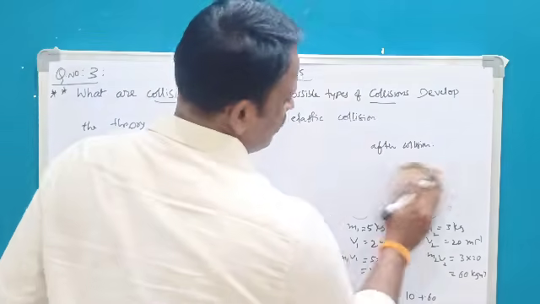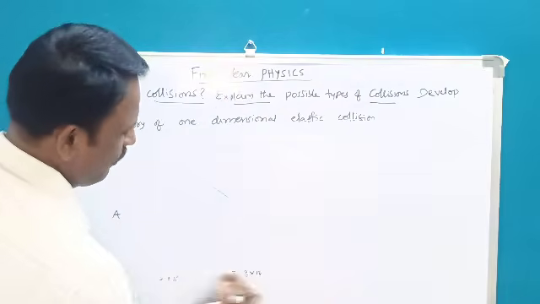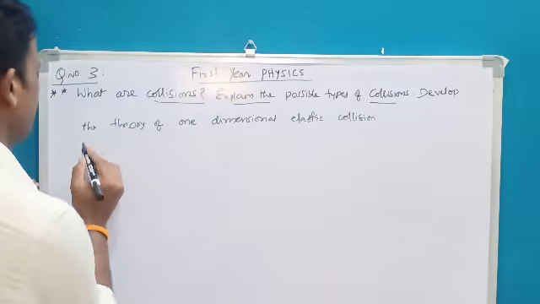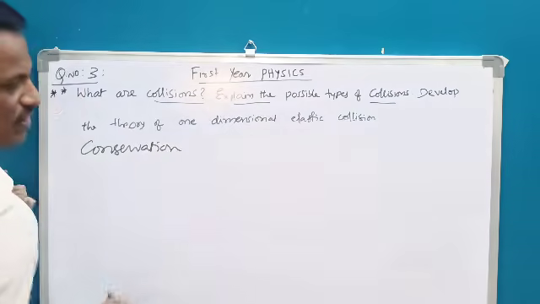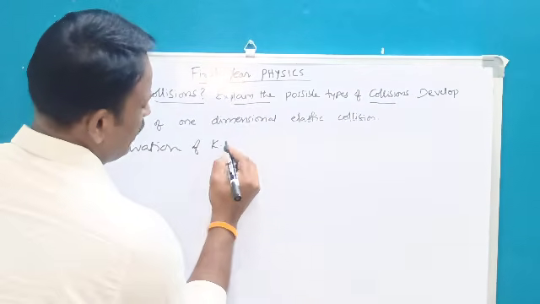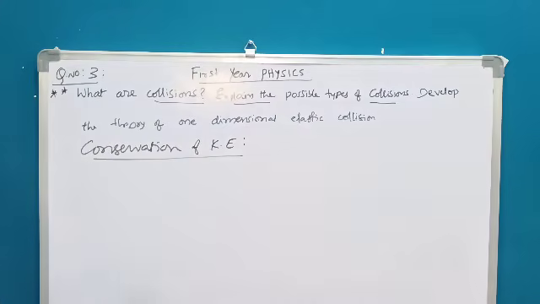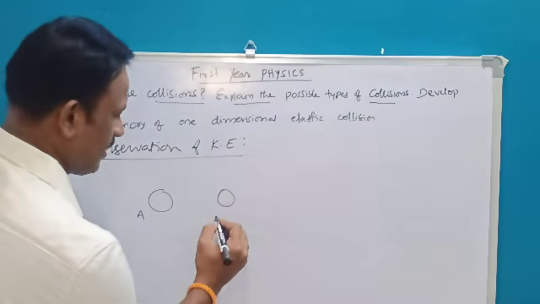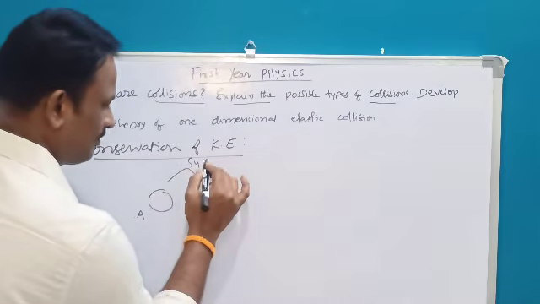Now let us understand kinetic energy conservation as well. Then we will try to develop our concept. These are not required to write in the examination. Just write that much, it is enough. Conservation of kinetic energy. I generally write kinetic energy as KE. Now consider there is an object A and an object B. Together these two form a system.